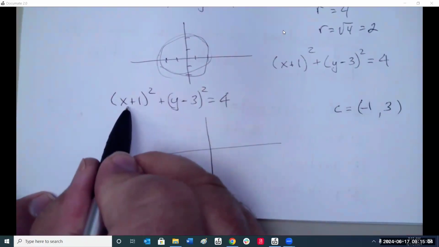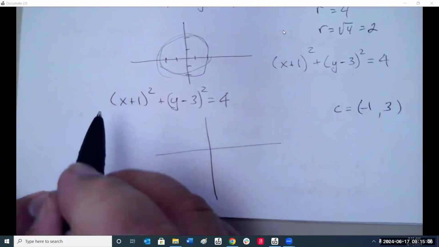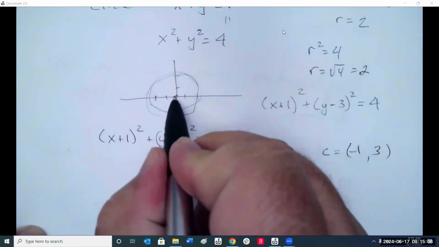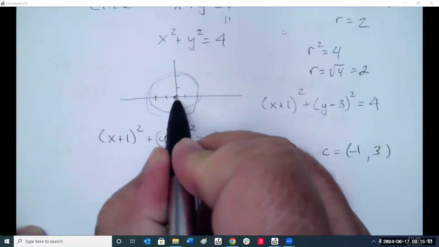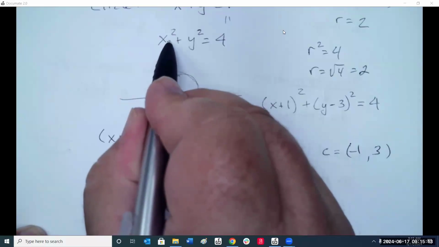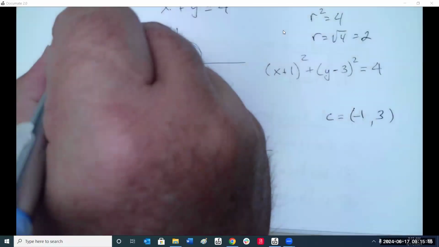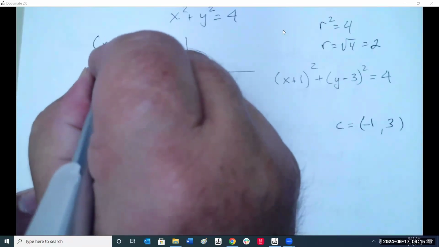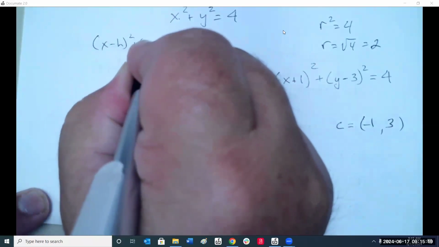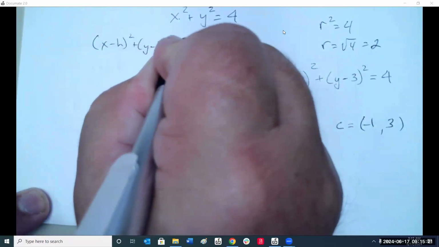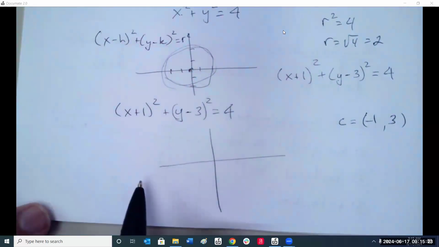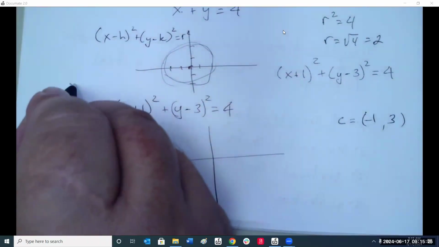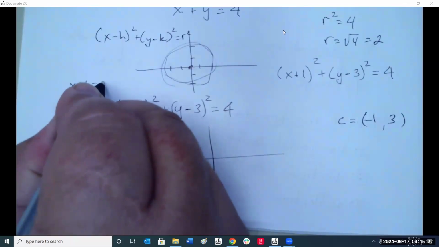Well, what we did, we took whatever's inside the parentheses. If the center is at the origin, then there can't be any x minus h squared, y minus k squared. So what you did is you took what's inside there and set it equal to 0.